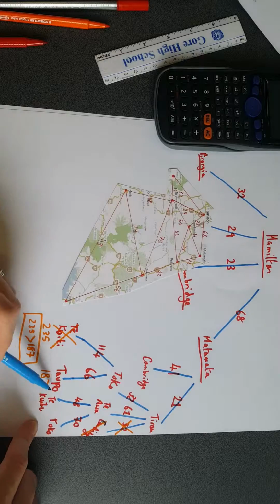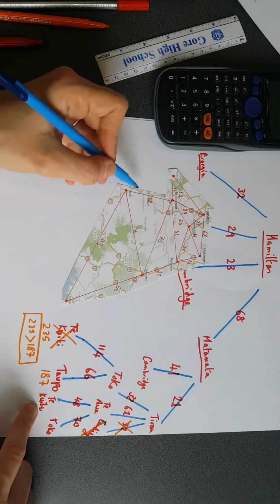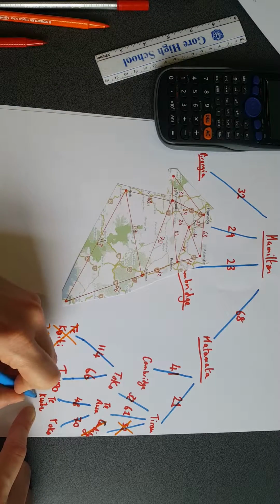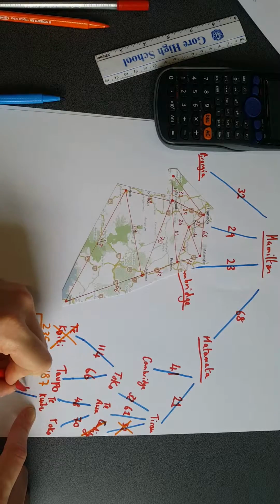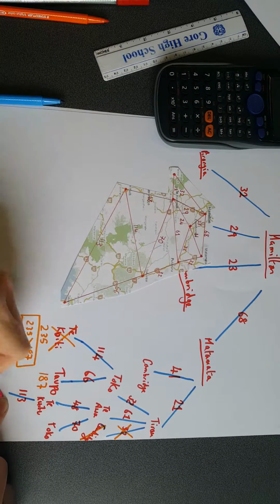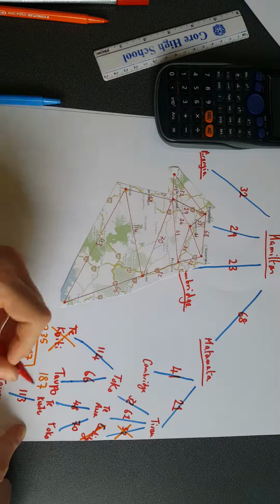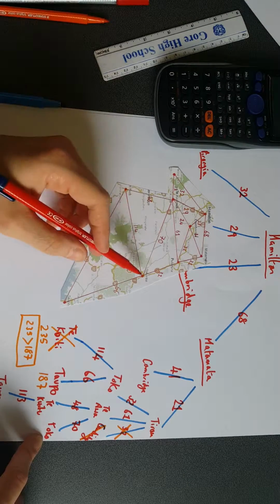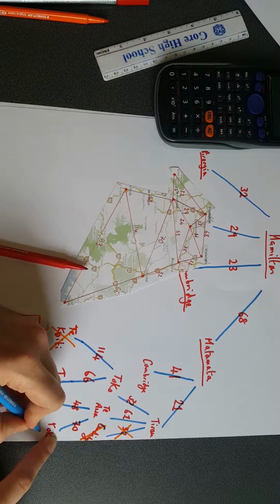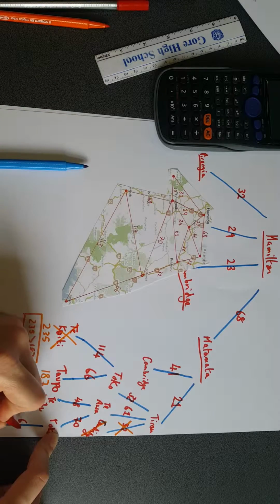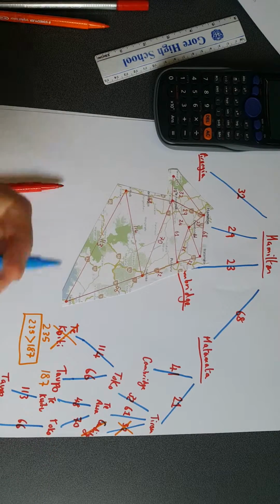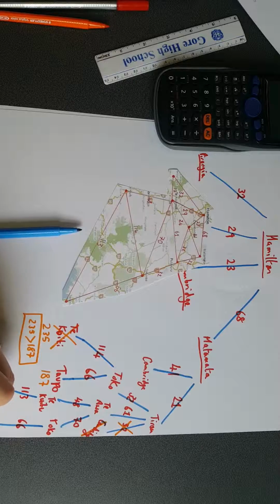What I was saying about baseline is, what you could do is just find a route that you think looks pretty small and use that as your baseline. So for instance, if I'd just eyed in a route and said, right, 235 is going to be my baseline, I could have written that route down, and as I added it up, as soon as I got to 235, I could cross it out.